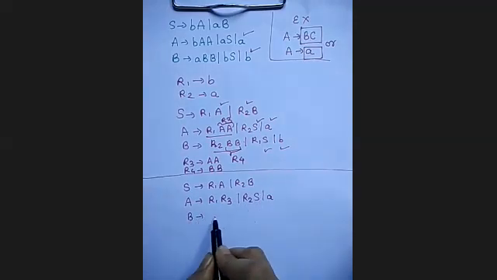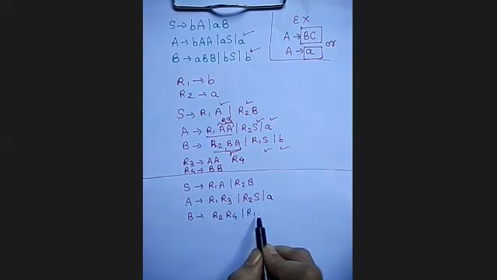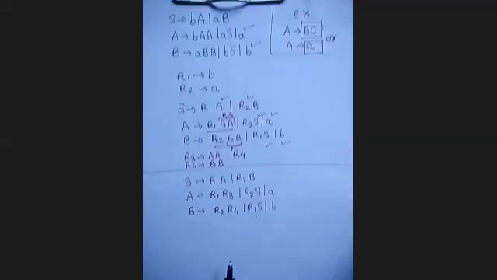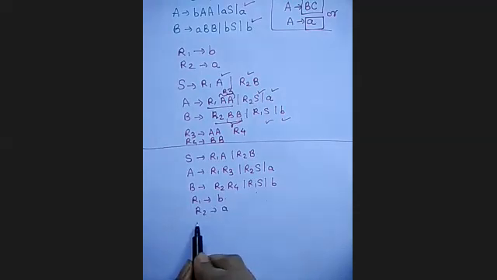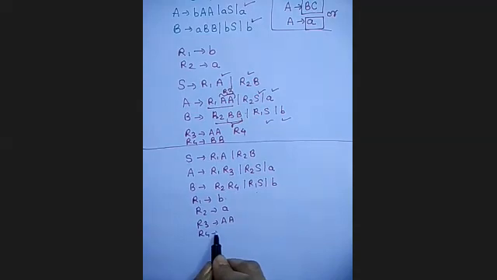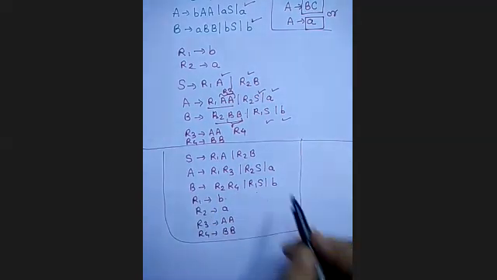B gives R2R4 or R1S or b. R1 derives b, R2 derives a, R3 derives AA, R4 derives BB. So this is your final grammar.